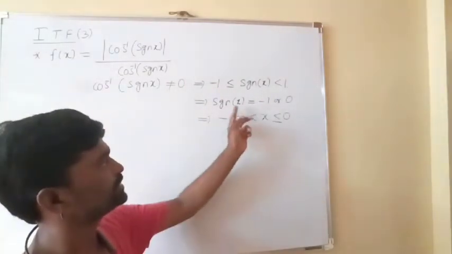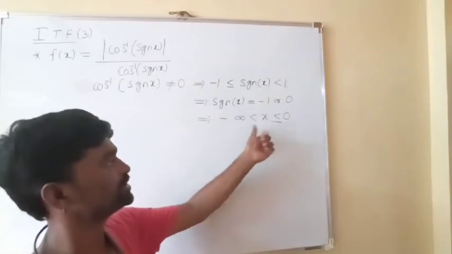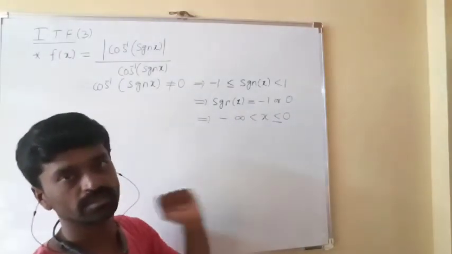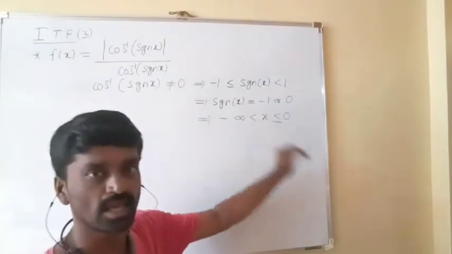Signum function of x is equal to minus 1 when x lies between minus infinity and 0, means when x is negative, and is 0 when x is exactly 0.